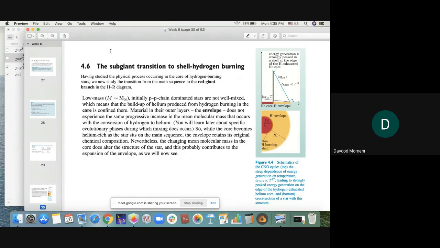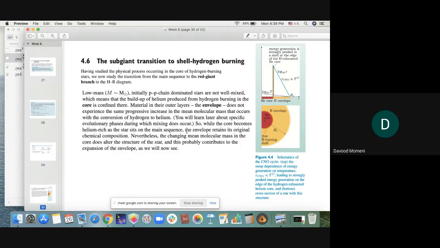It depends also on the process of energy generation inside the core of the star. In low mass stars, as you know, the proton-proton chain is the dominant strategy for energy generation, and for high mass stars, the CNO process is the dominant one.